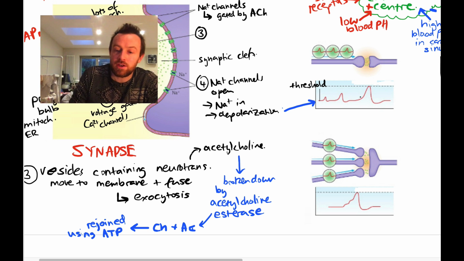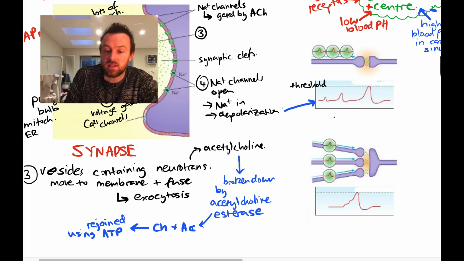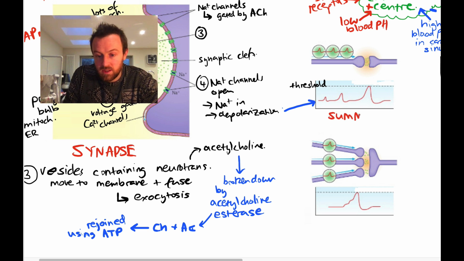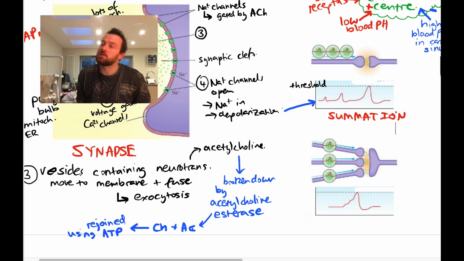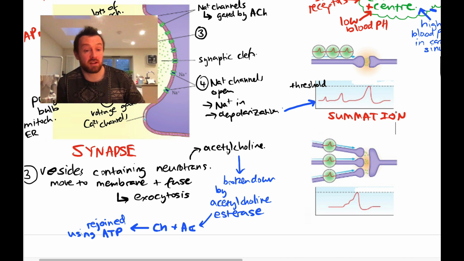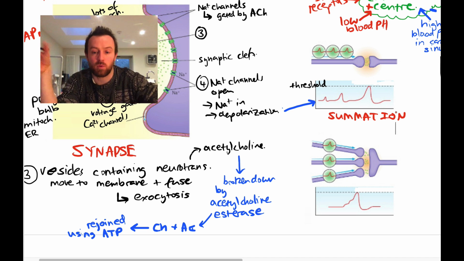So what we can sometimes get is something called summation. This is where the neuron after the synapse adds up different stimuli to decide if it wants to fire.